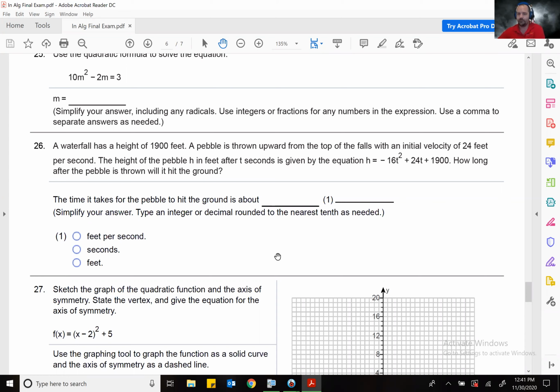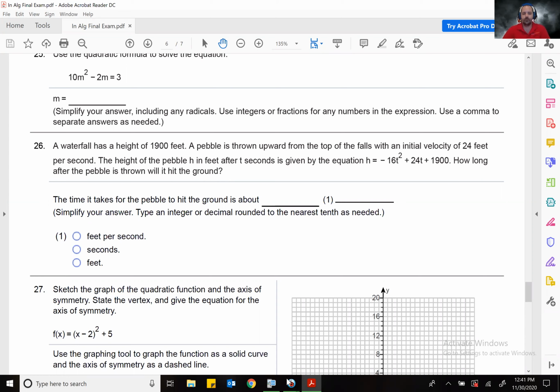It says, how long after the pebble was thrown will it hit the ground? Okay. So the cool thing is this equation right here already has all the above information put into it. We just want to figure out how long after the pebble was thrown will it hit the ground?